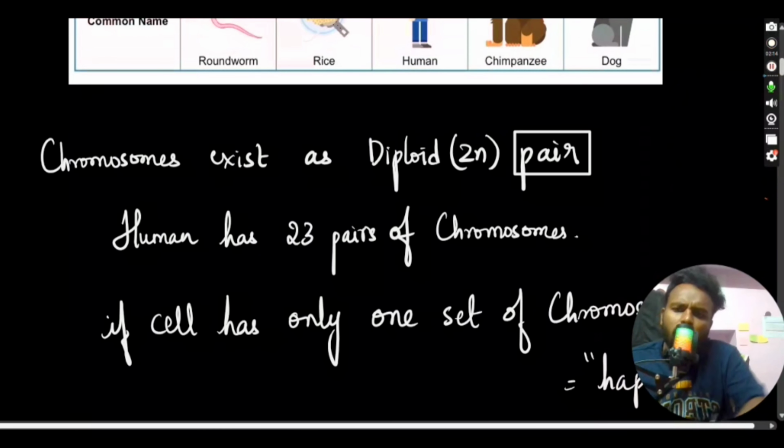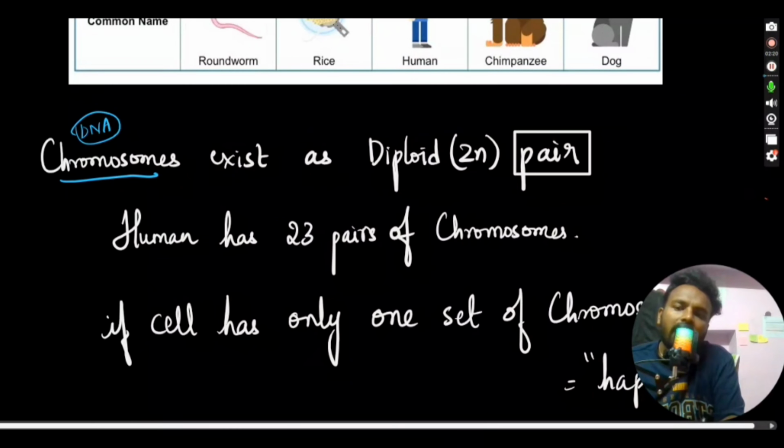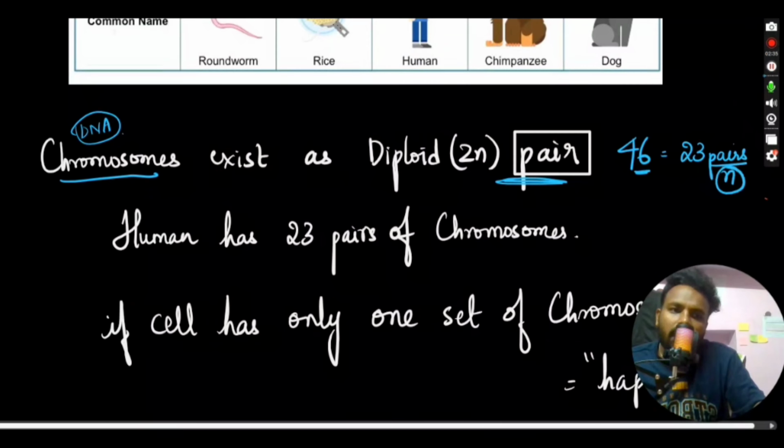These chromosomes, which are a condensed or coiled form of DNA, exist only as a pair. For example, we have 46 chromosomes in a human being. That is nothing but 23 pairs of chromosomes, and each set is denoted by n.